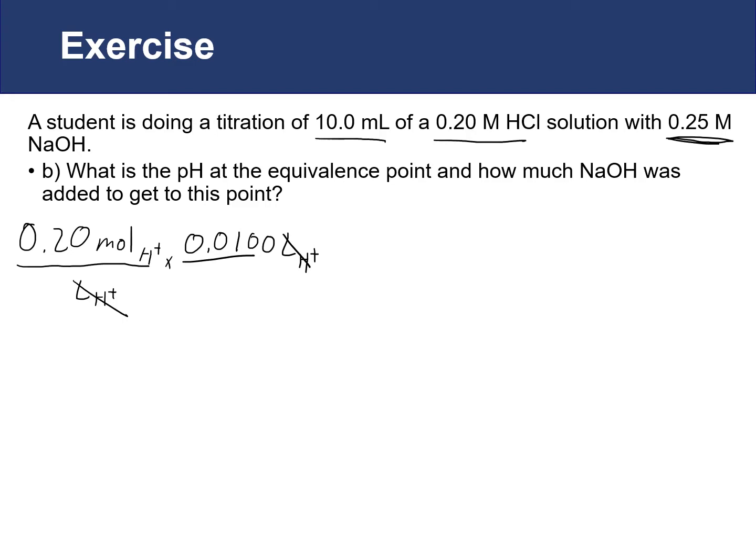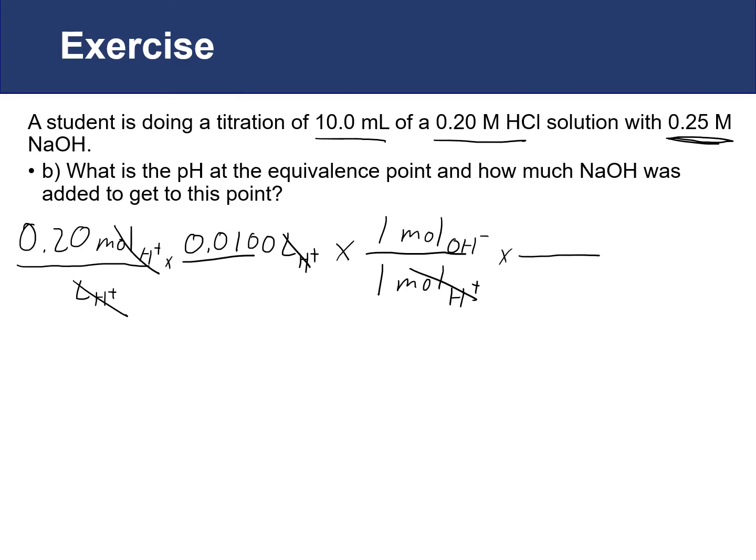So now we have moles of H+. This is the number of moles that we need our base to neutralize. It is a 1-to-1 mole ratio. So 1 mole of our NaOH is going to neutralize 1 mole of our H+. The moles of H+ cancel out. So we're now left with moles of OH-.